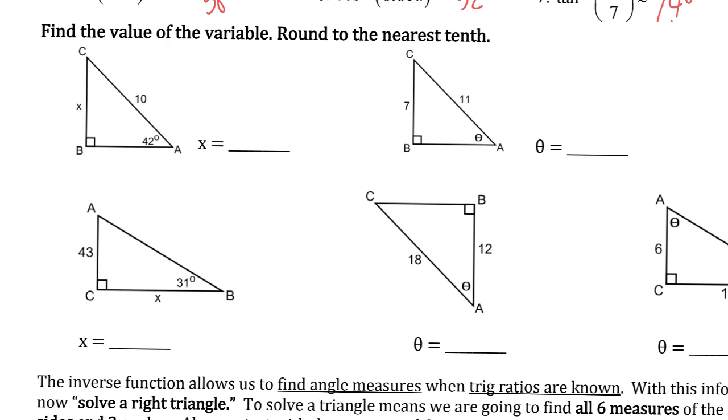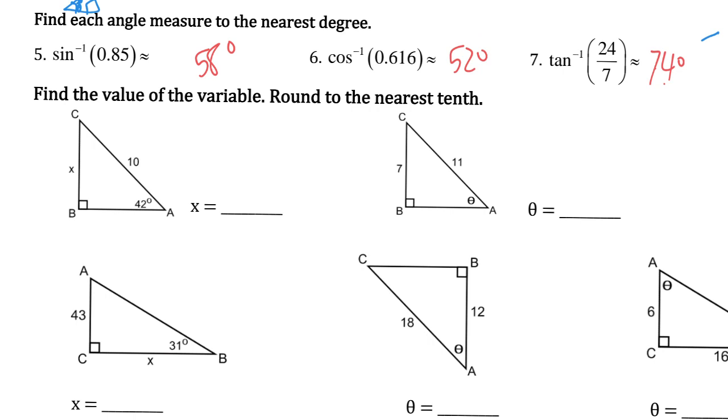What we need to remember is we've got three trigonometric ratios that we can put into play: sine of theta is equal to opposite over hypotenuse, cosine of theta is equal to adjacent over hypotenuse, and tangent of theta is opposite over adjacent.